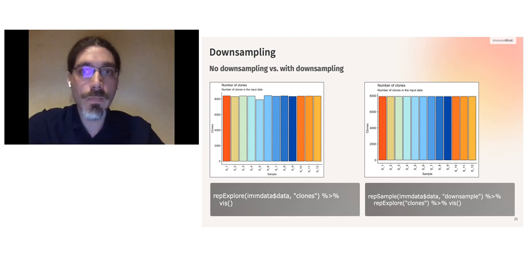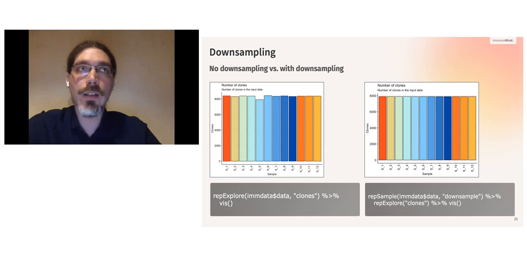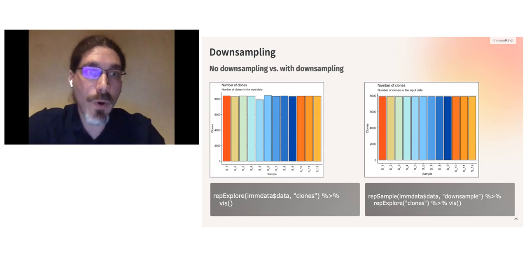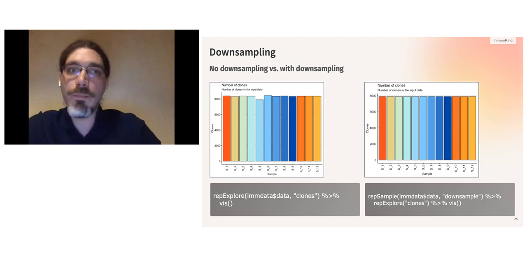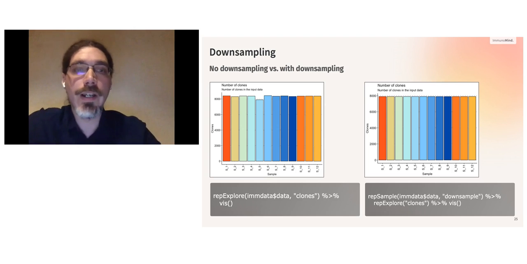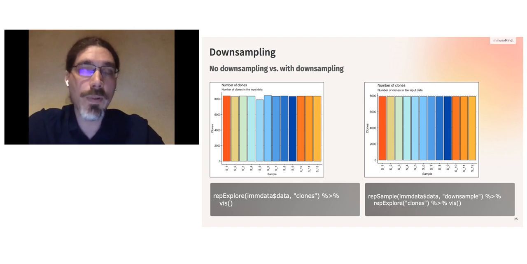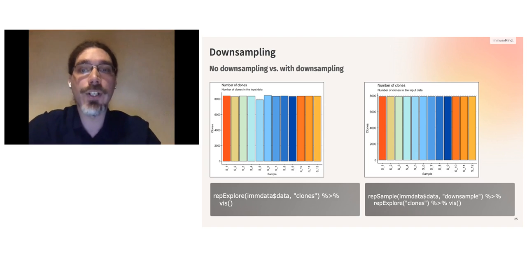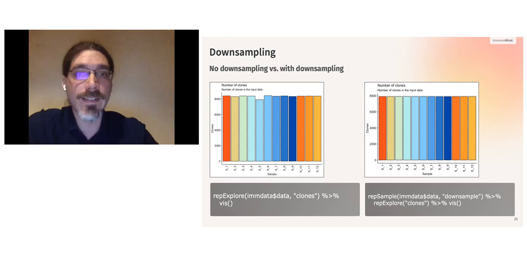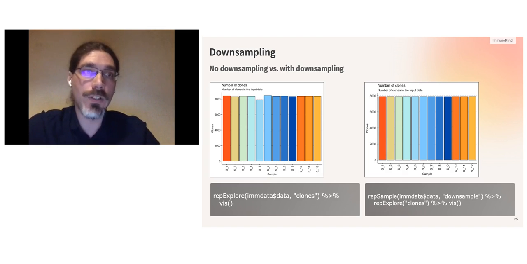You need to be a little bit careful here, because if your data is too small, then probably it is not a great idea to downsample all of your data to this smallest sample. Probably it is better to explore the reasons why it's so small and maybe filter out such samples from your data.